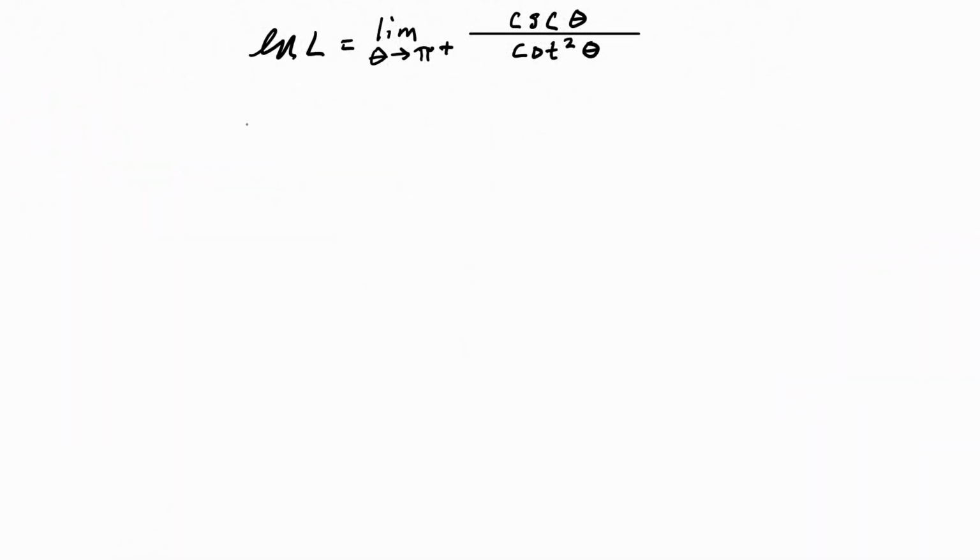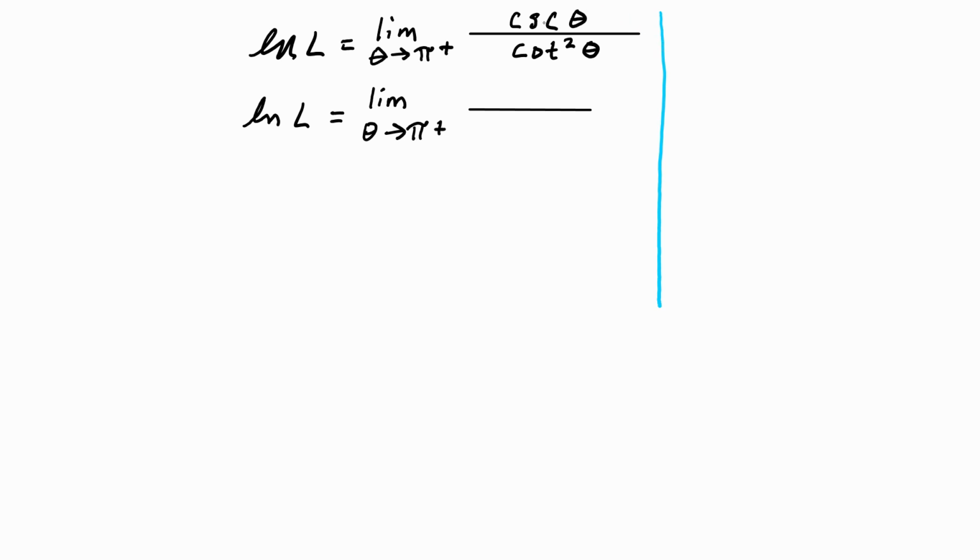Let's continue to simplify. The left-hand side is still natural log of L. On the right-hand side, we have the limit as theta goes to pi from the right. Let's go off on the side and simplify this trig expression here.